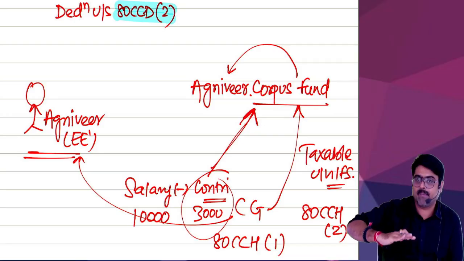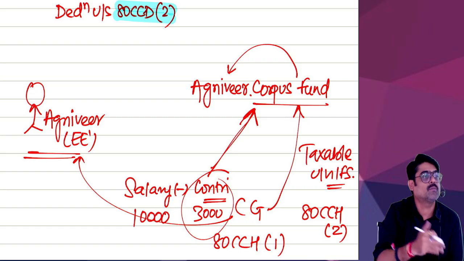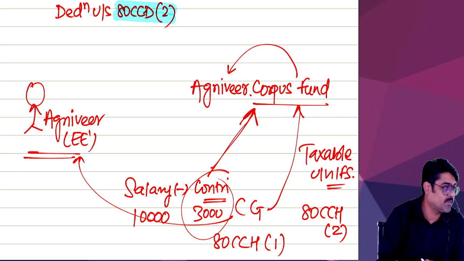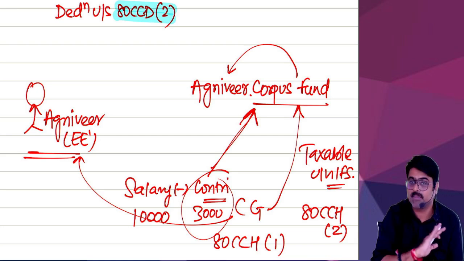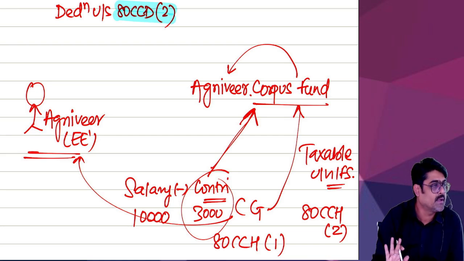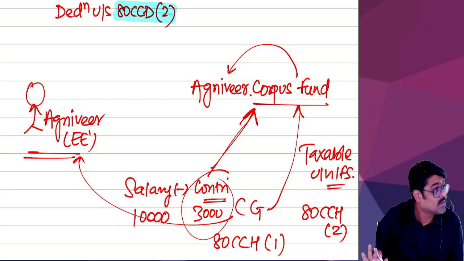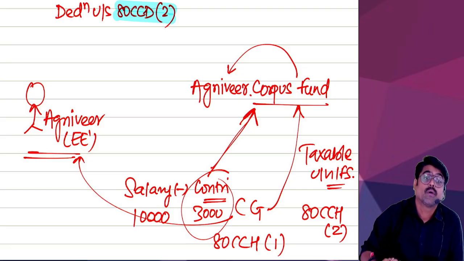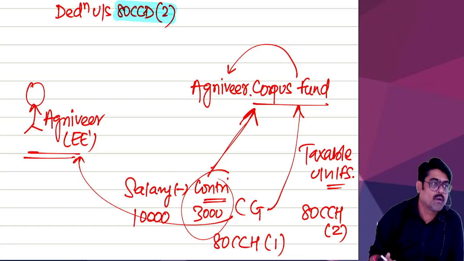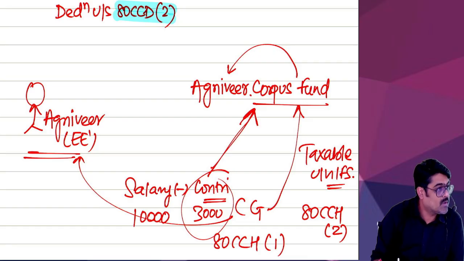So for the salary purpose, what you are supposed to remember? Your contribution to your Agniveer corpus fund is always out of your taxable salary. No separate effect should be given under the head salary. Later on we are going to take the deduction from GTI. And your employer can also contribute, meaning the government will also contribute to your Agniveer corpus fund.